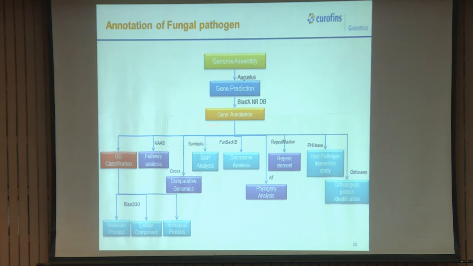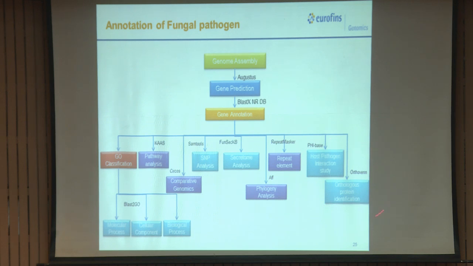We can do a comparative analysis, compare two genomes together and identify the sequence-wise differences between the genomes. We can identify the SNPs. We can do repeat identification: which types of repeats are there in the genome, what are the different classifications of the repeats, which classes of repeats are there, and what percentage of repeats are there.